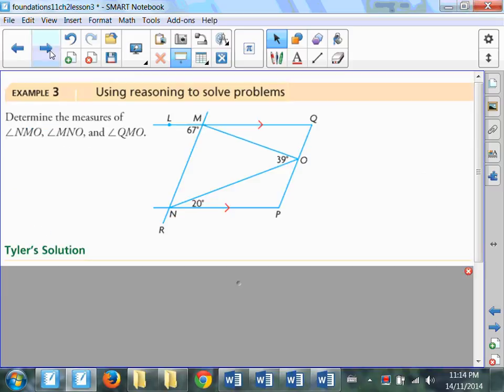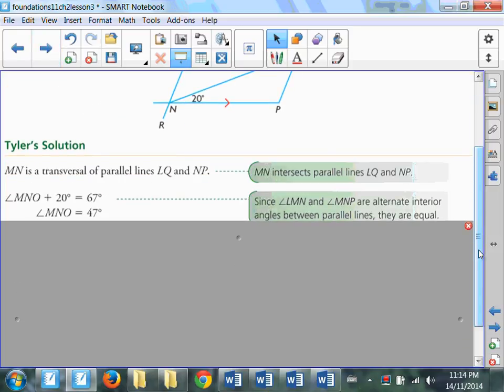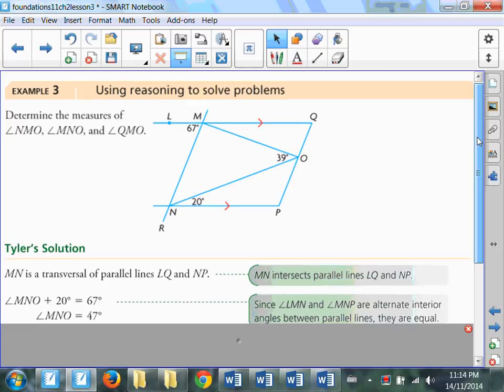Another example here. Determine the measures of these angles. So we've got some angles given to us and it asks us to find the rest of them. So we're going to use alternate interior angles here. Okay? So we'll go through the solution here. It tells us that MN is a transversal.